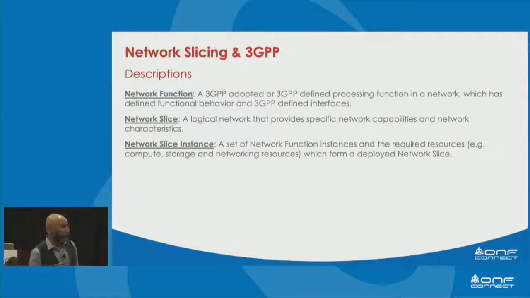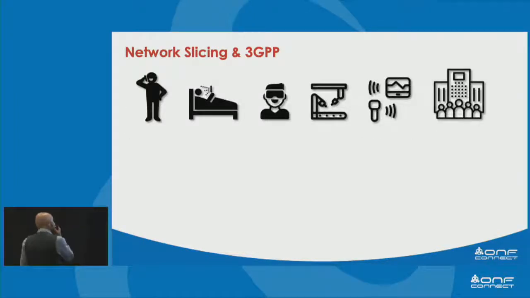And a network slice instance is a set of network function instances and the required resources, compute, storage, networking resources, which form a deployed network slice. All right? So with that, actually, now you can think of these use cases, and in the 3GPP lingo, these are communication services.